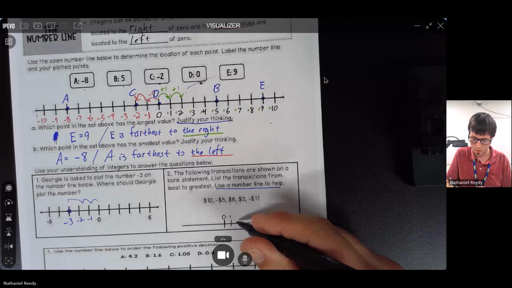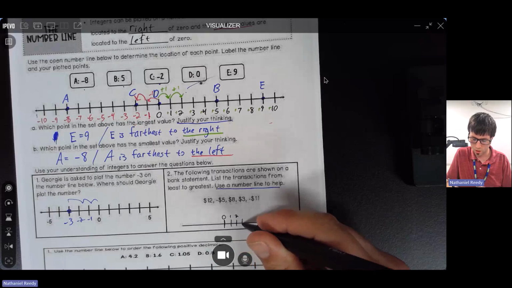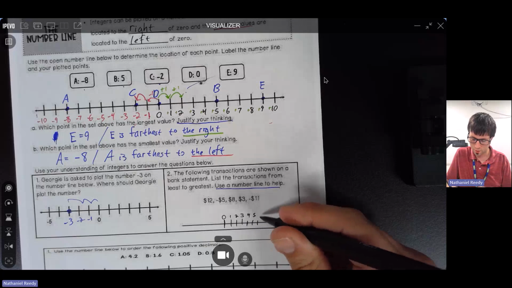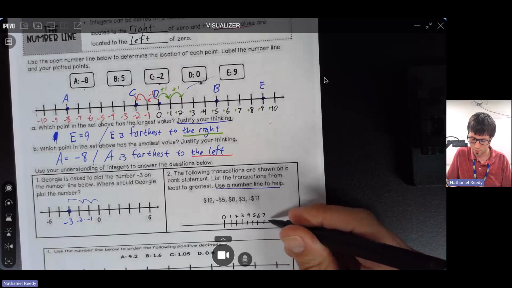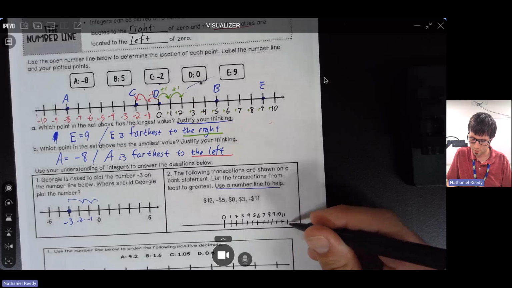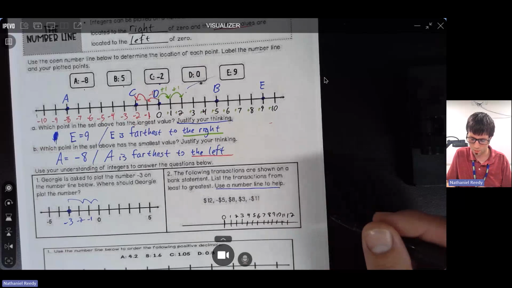I'm just going to label some numbers. So 0, 1, 2, 3, 4, 5, 6, 7, 8, 9, 10, space, 11, 12. That's okay. In math, we can always make more space.